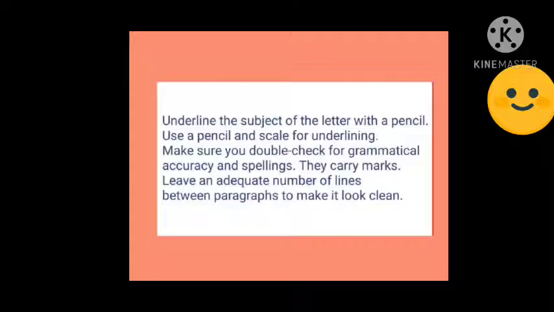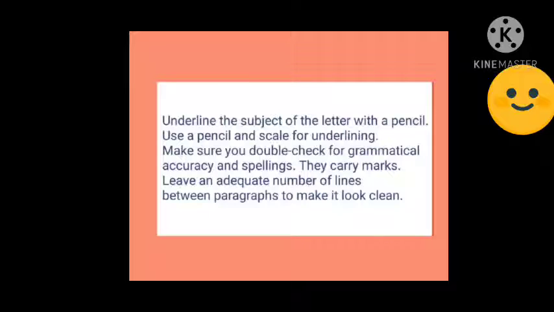You may rectify the mistakes that you might have made. They carry marks. What? Accuracy and spellings. Marks will be allotted depending upon the accuracy and spelling of the content. If you make spelling mistakes or misspelling, inaccuracy, marks will be deducted.